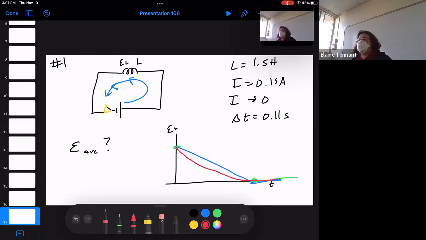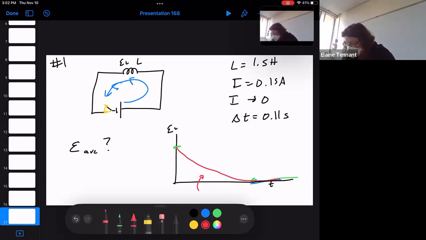I like the smooth answer because there really aren't a whole lot of discontinuities in physics, right? Discontinuities don't happen a lot. So we expect the smooth, continuous solution almost always.